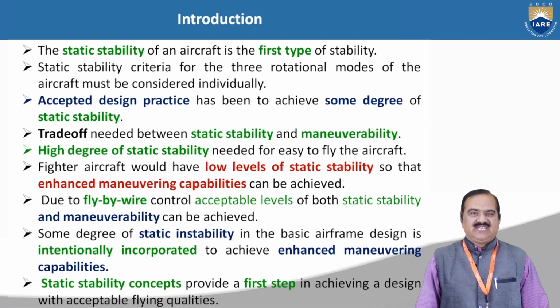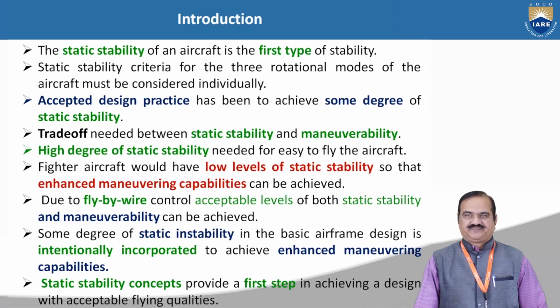Static stability criteria for the three rotational modes, that is rolling, yawing and pitching of the aircraft, must be considered separately or individually. They cannot be combined. So in this lecture I am only taking longitudinal static stability.